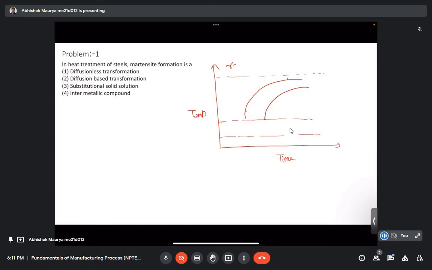This is the line for the beginning of pearlite formation.